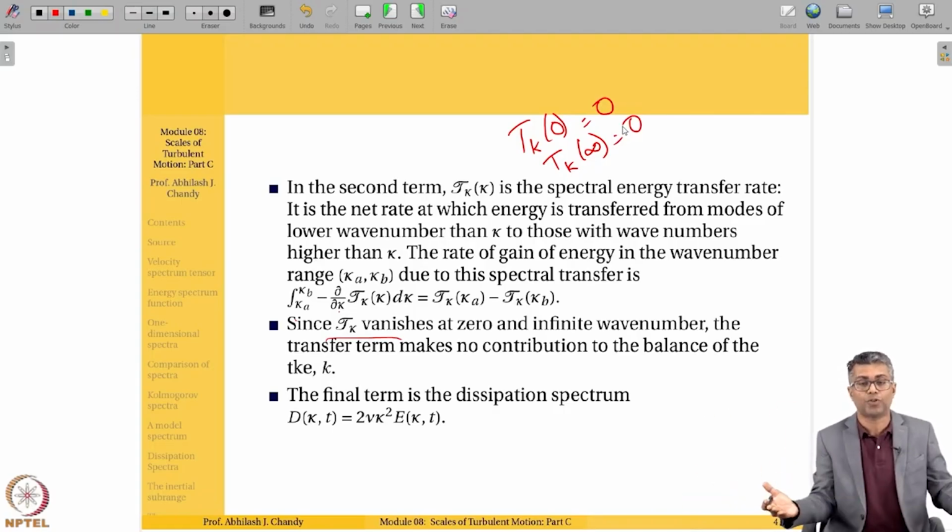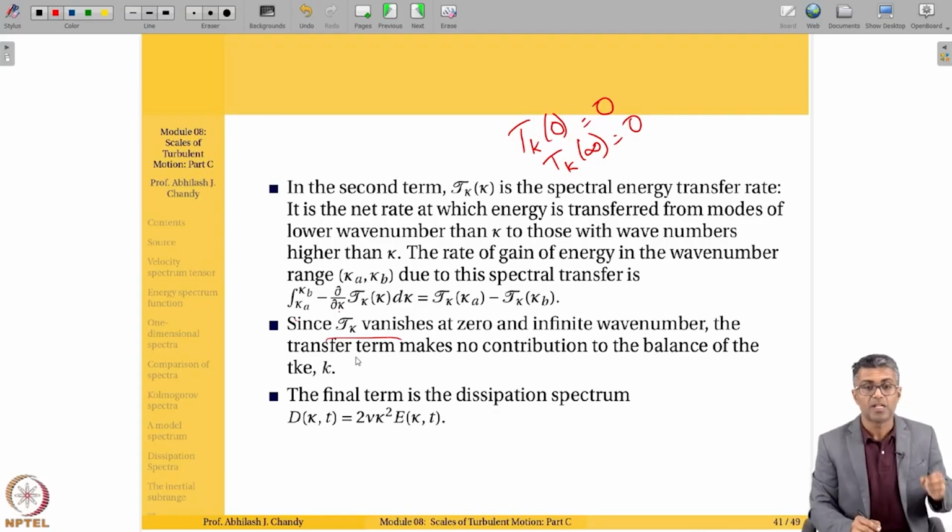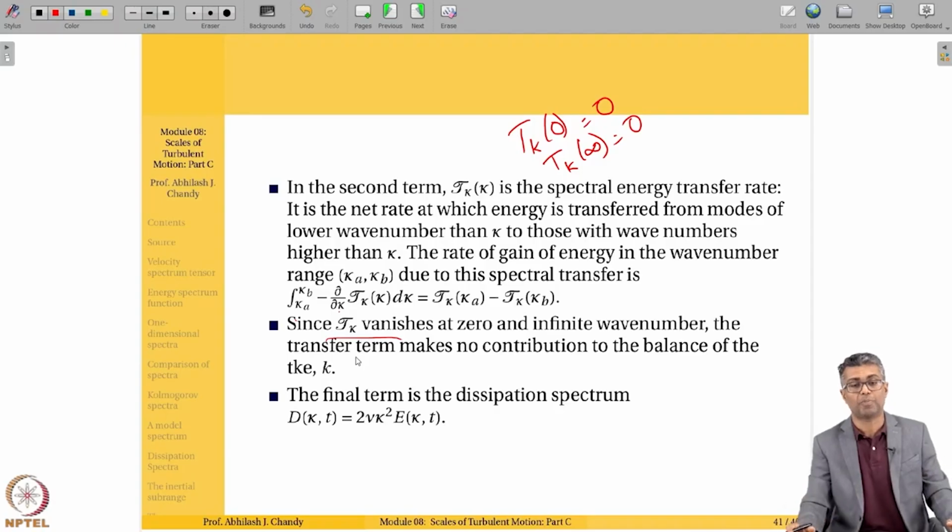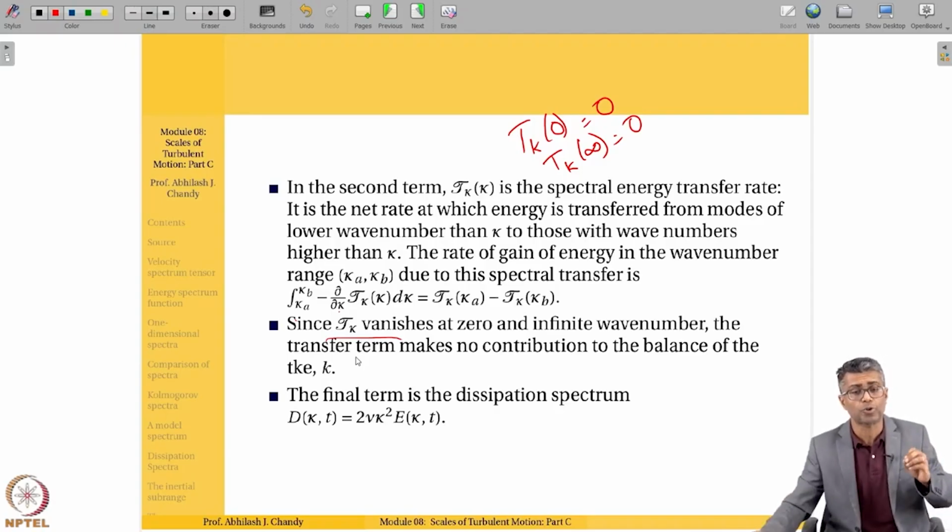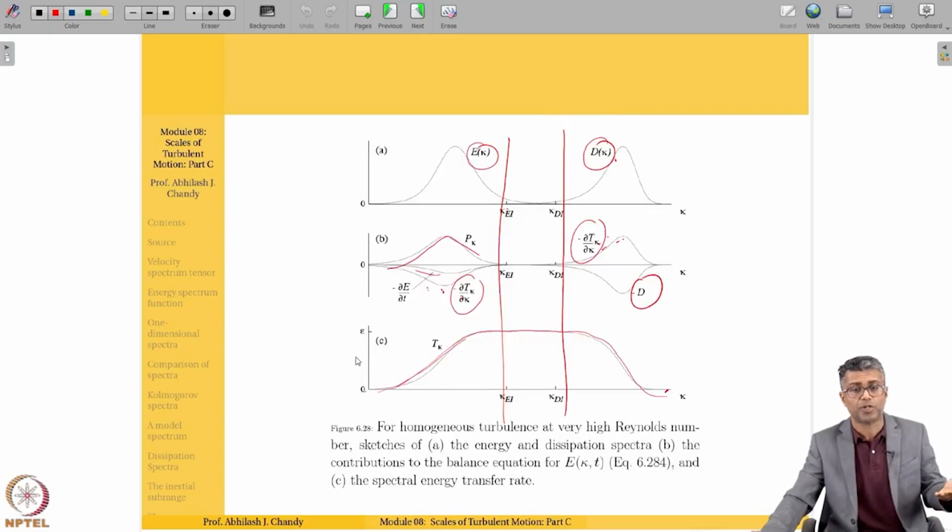So there's nothing to transfer to. So the endpoints are 0. And that is what we mean by this. Since T kappa vanishes at 0 and infinite wave number, the transfer term makes no contribution to the balance of TKE. It makes no contribution. So the final term is the dissipation term, which we know what we get when we integrate it. We get the actual dissipation.